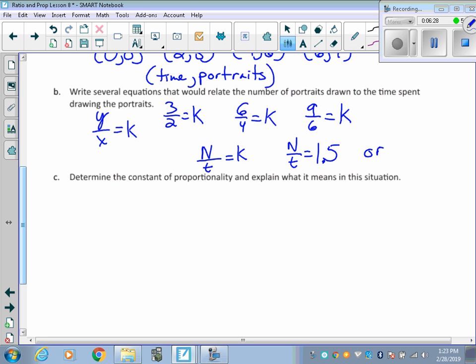Or, I'd rather see it this way: n equals 1 5/10 times t, to mimic that y equals kx. Determine the constant of proportionality. The constant of proportionality is 1 5/10. And what does it mean? You could say 1 5/10 portraits per 1 hour.